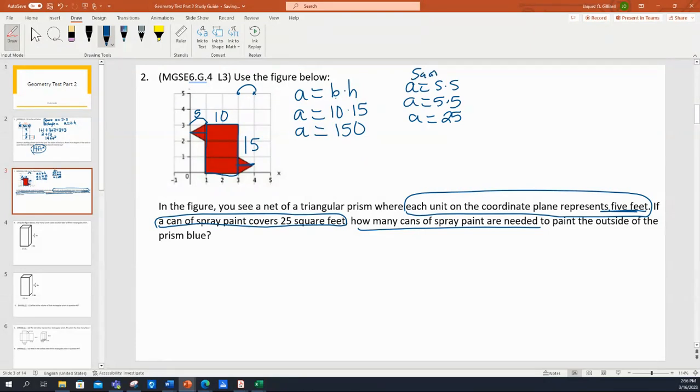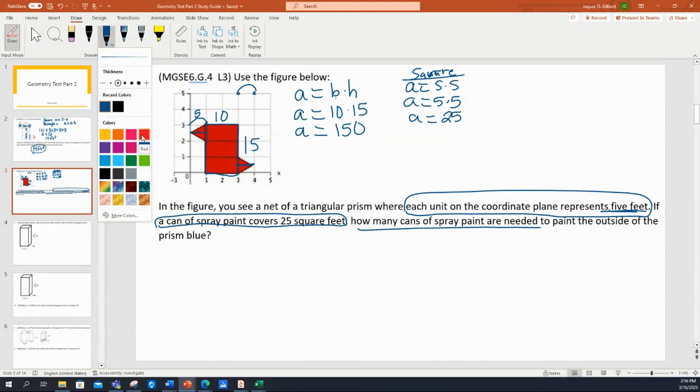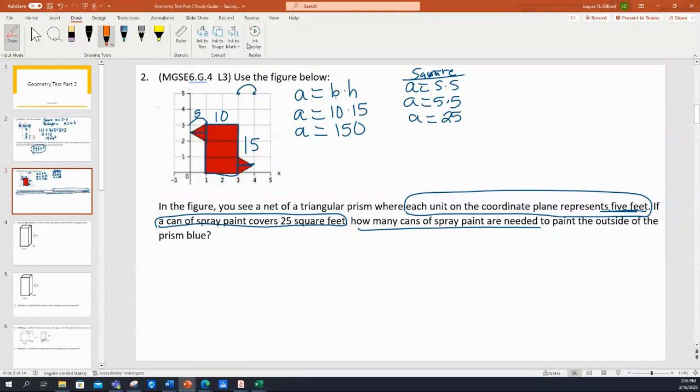Now, if you want to do this with the triangles, then this is what you would do. Let's take a look at the other triangle. I'm going to change the color a little bit so that we can see it better. But if I was to do that with the triangles, it's the same thing. I know that the height is what? Worth about 5. So the height is worth 5. So it'll be area equals base times height divided by 2, right?